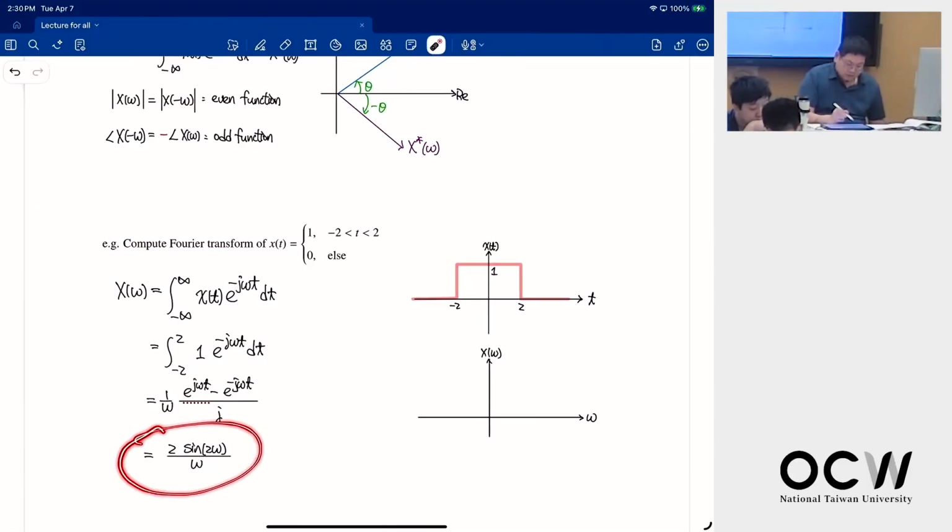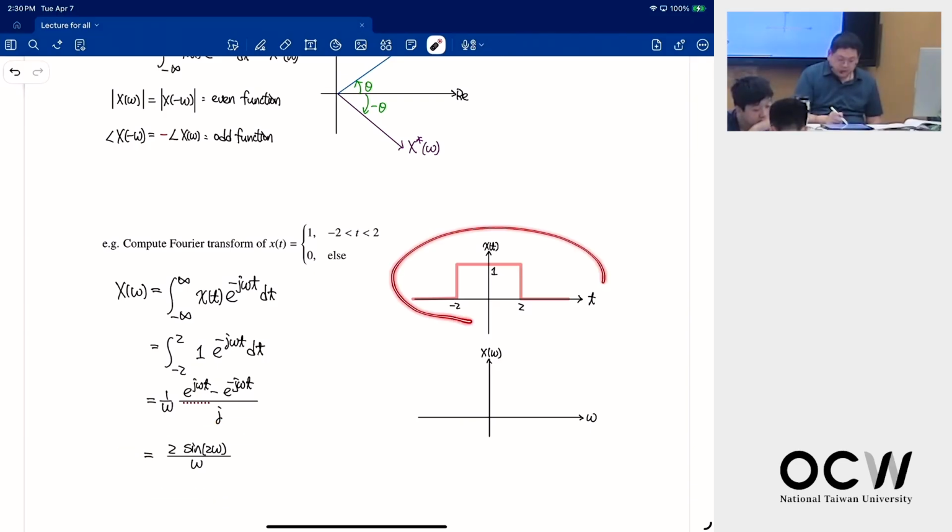So what is this? A sinc function. A rectangular pulse in the time domain becomes a sinc function in the frequency domain. Let's plot the sinc function.